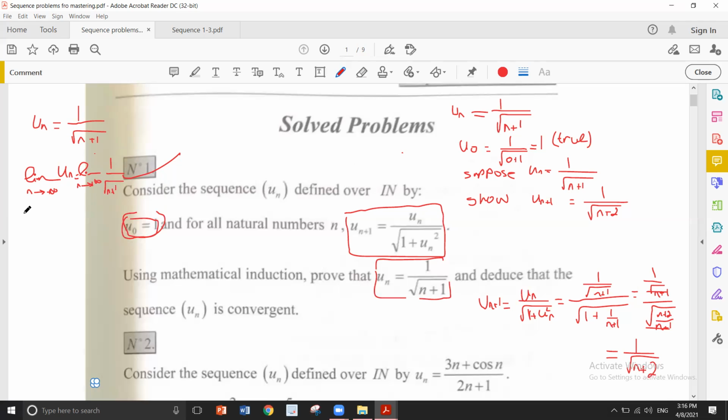How much will be this limit? How much is the limit as n tends to plus infinity of 1 over radical n plus 1? Zero. Equal to 0. Un is convergent.